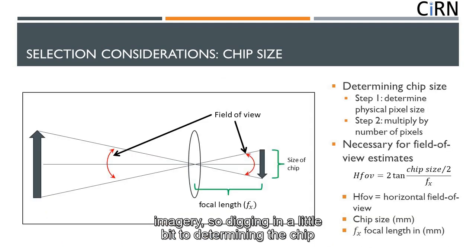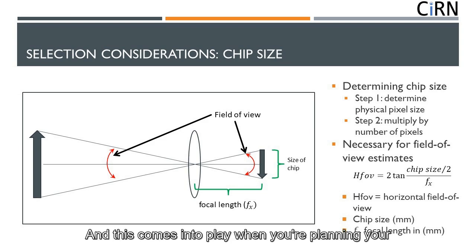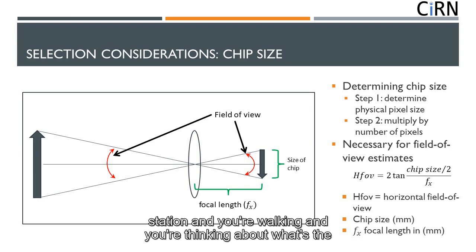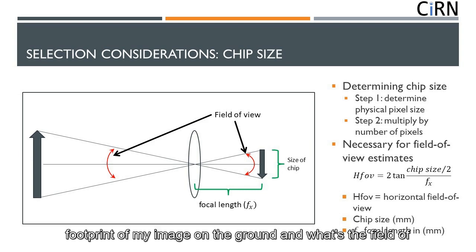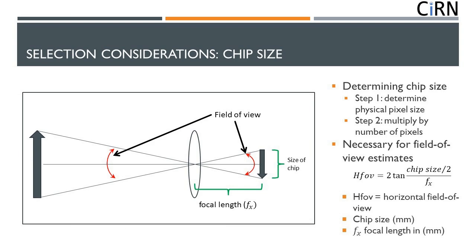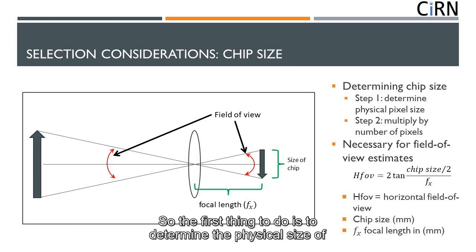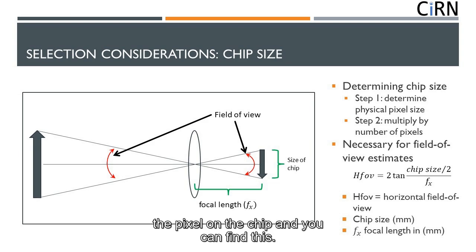So digging in a little bit to determining the chip size, and this comes into play when you're planning your station and you're thinking about what's the footprint of my image on the ground and what's the field of view. So the first thing to do is to determine the physical size of the pixel on the chip, and you can find this if you dig into the manufacturer information. I'll show you an example in a minute.